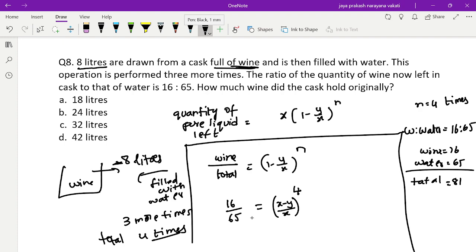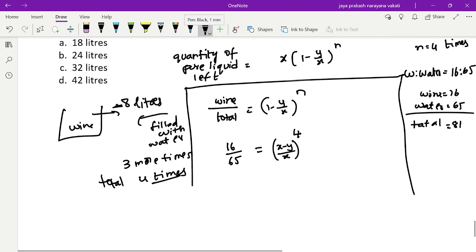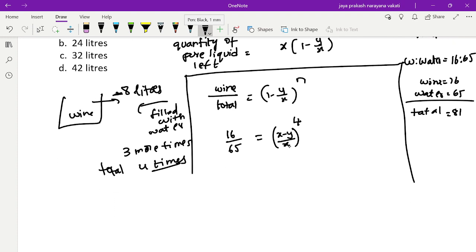We'll reverse it. So x minus y by x is the fourth root of 16 by, sorry, this 65 is not the total, guys. 65 is nothing but water, but the total is 81. So 16 upon 81.